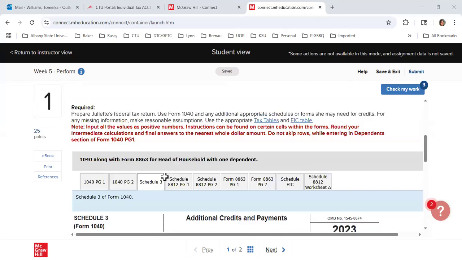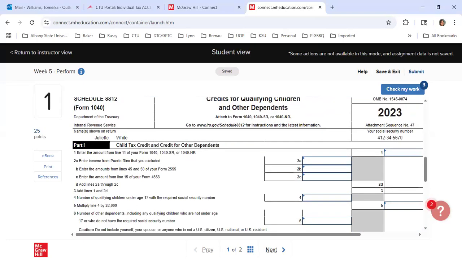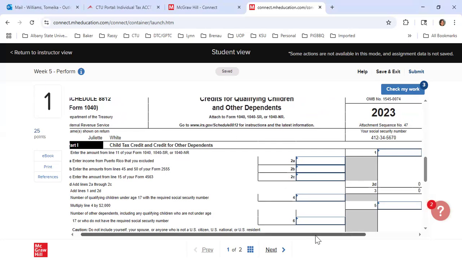All right, so now we're going to go to the Schedule 8812. And we usually have completed this form quite a few times. But on line 1, where it says enter the amount from line 11 on your 1040, that's the taxable income. It is 30,116.